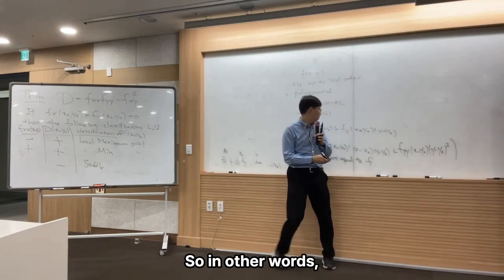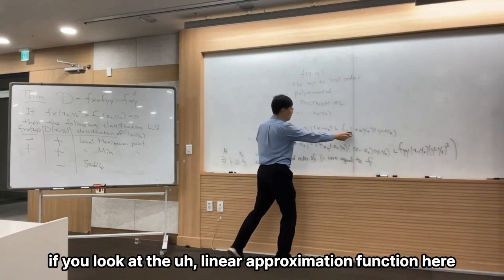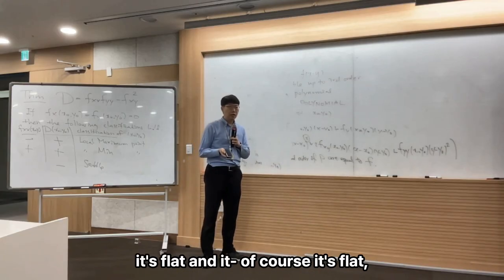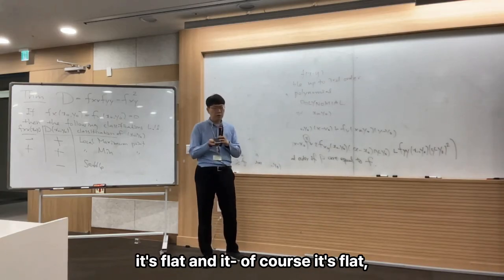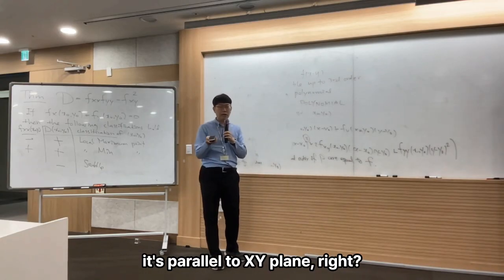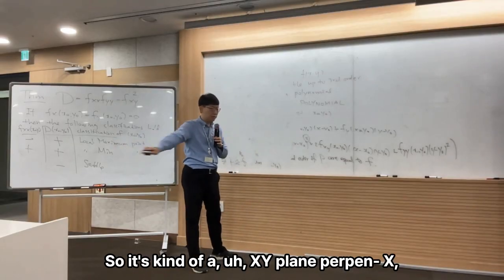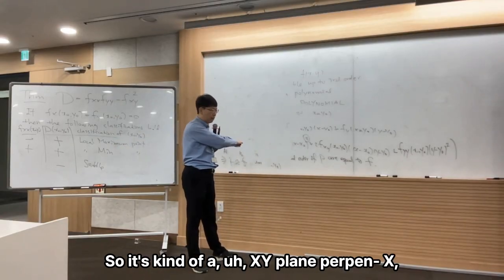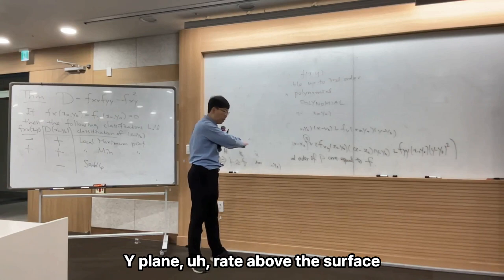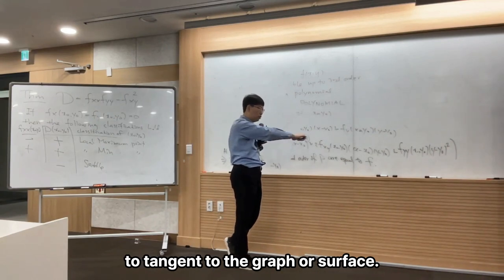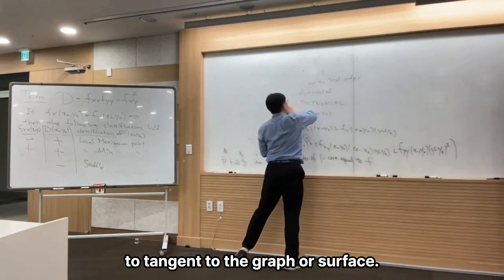In other words, the linear approximation, which is the tangent plane, is flat. Of course it's flat, it's parallel to the xy plane, right? It's like an xy plane raised above the surface, tangent to the graph of the surface.